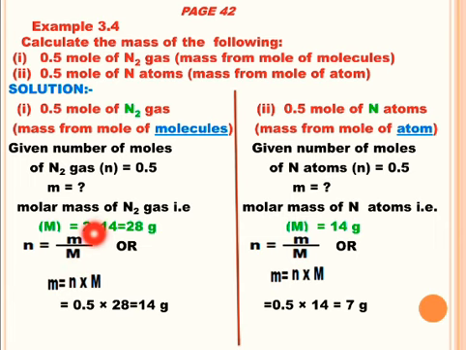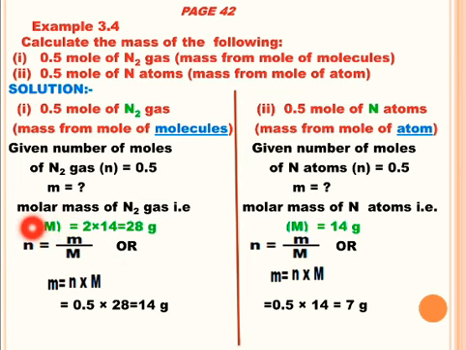But here you have to calculate small m, so you can either put the values of small n and capital M directly in this formula, or you can derive the formula by cross multiplying n with M. You can get the value of small m by this formula, small m is equal to small n into capital M. Capital M is molar mass.